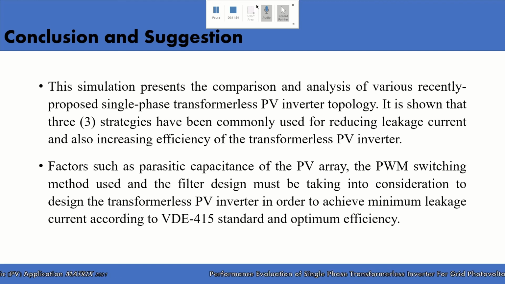Factors such as the parasitic capacitance of the PV array, the PWM switching method used, and the filter design must be taken into consideration when designing the transformerless PV inverter, in order to achieve minimum leakage current according to the VDE 415 standard, which is the German standard, and at optimum efficiency.